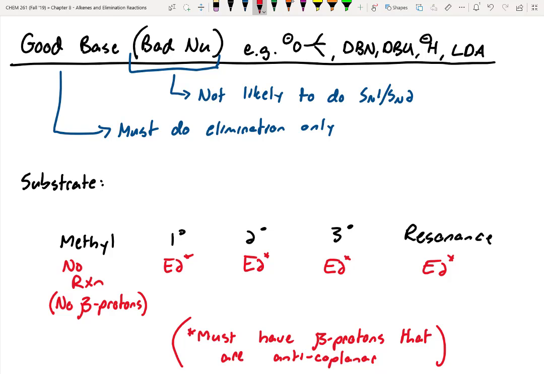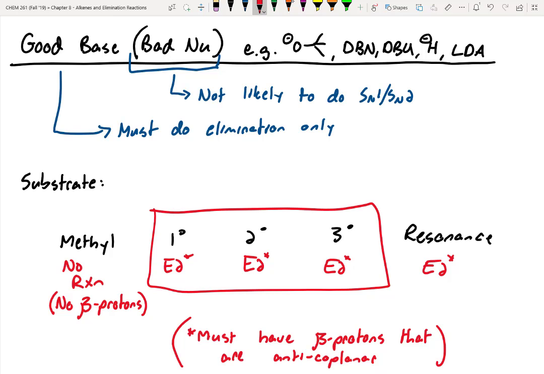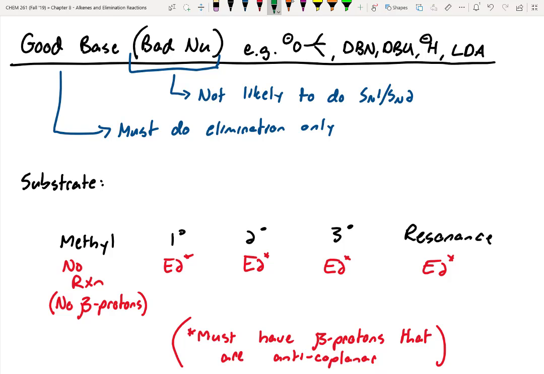All right? My question for you is, let's kind of take a zoom in look on these. Which of these will do the fastest E2 chemistry? Primary, secondary, or tertiary? If we think about substitution, which one will give you the more substituted alkene? Tertiary. So we said yesterday the other thing to consider is between these, this will be faster E2 because it'll lead to a more substituted alkene.